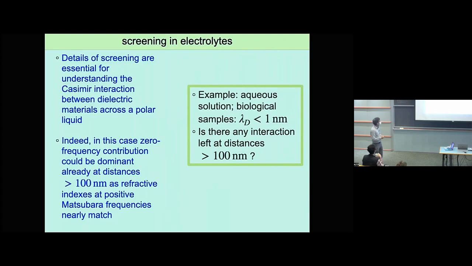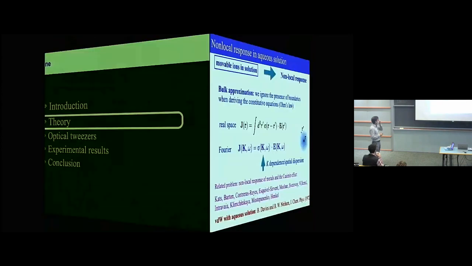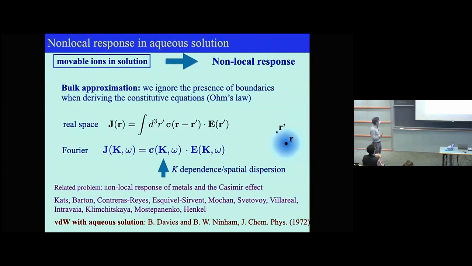So some theoretical results now. This is how we approach this theoretically, taking this bulk approximation. The fact that the ions are movable means that the response is non-local. There has been a lot of discussion earlier, and also two days ago by Carsten, in the context of electrons in metals or in graphene.